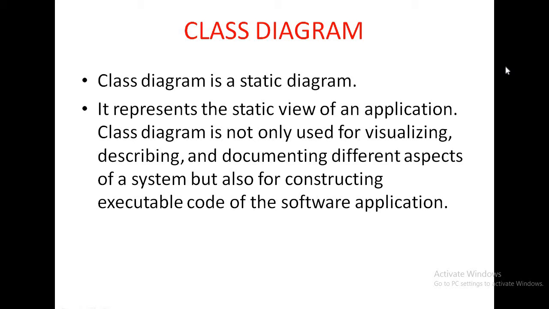If I write one class, the class is nothing but a combination of different types of attributes and functions. So class diagram is nothing but the diagrammatic representation of a simple class.